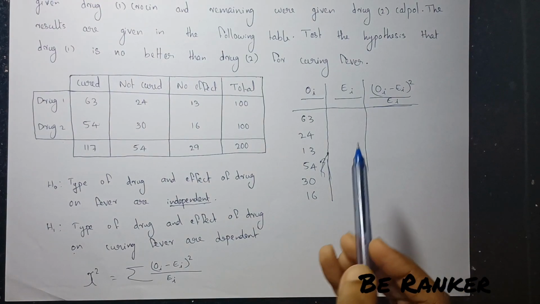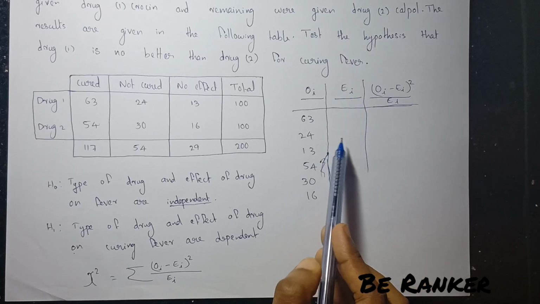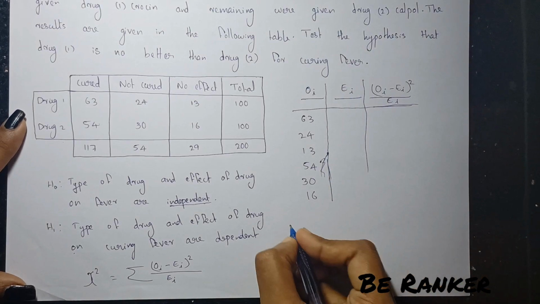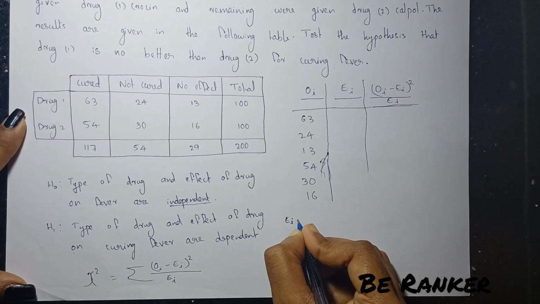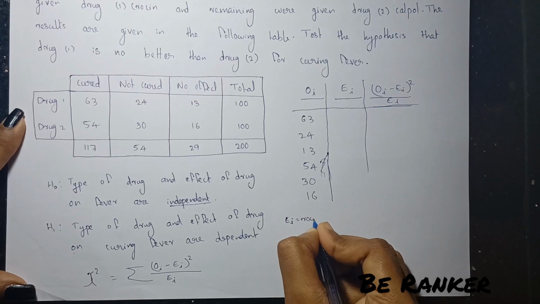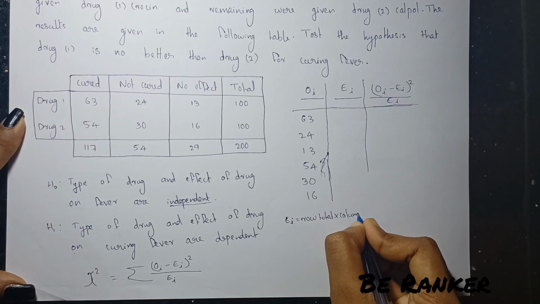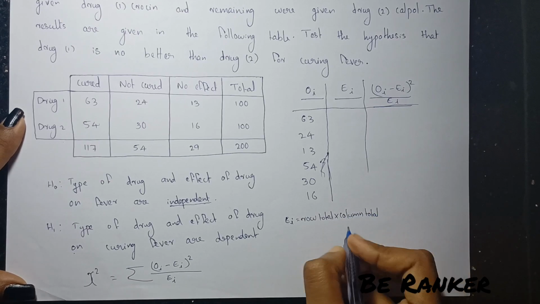Next, we want to find the EI values, that is the expected frequency values. EI can be calculated as EI is equal to row total into column total by total.